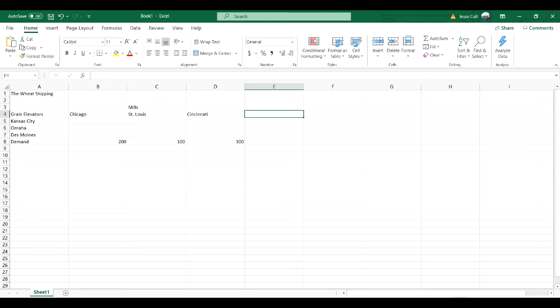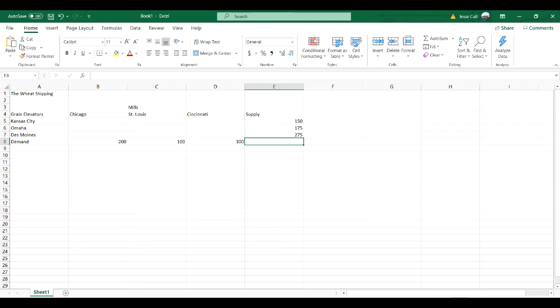That's what we've seen so far. Over here, we've got supply: 150 for Kansas City, 175 for Omaha, 275 for Des Moines. This information was all given to us in the problem.